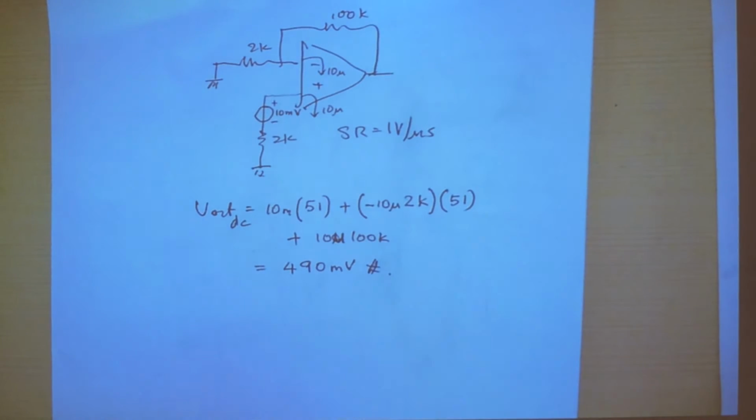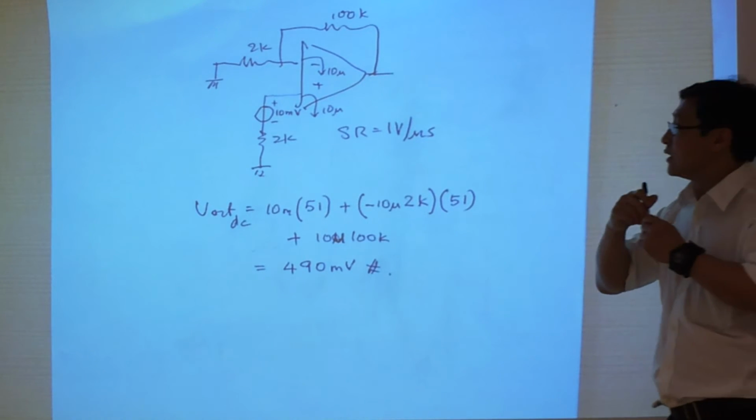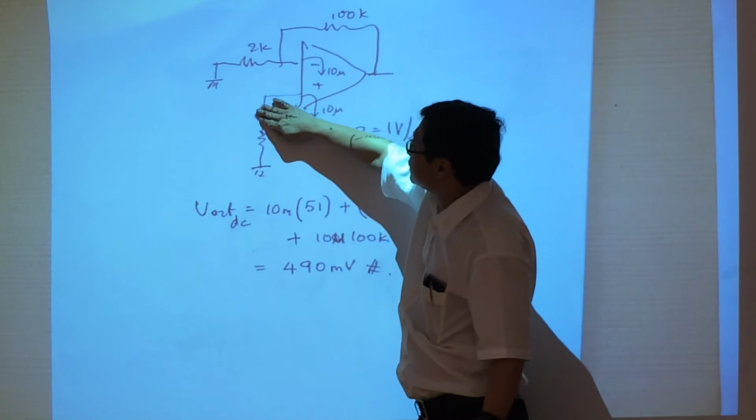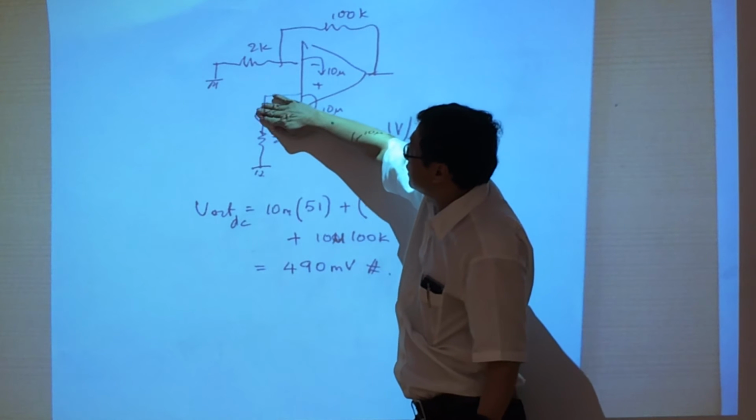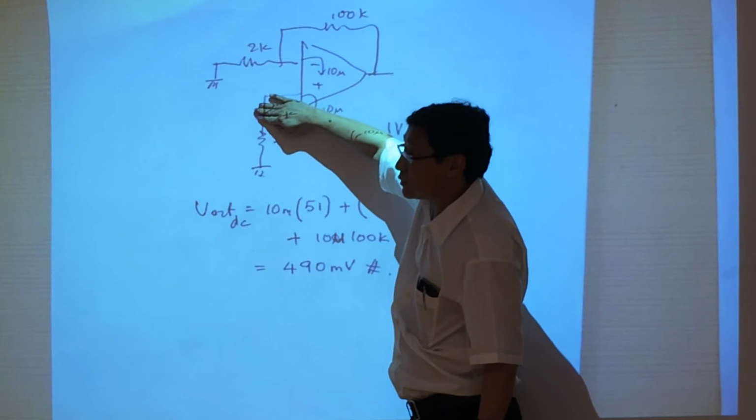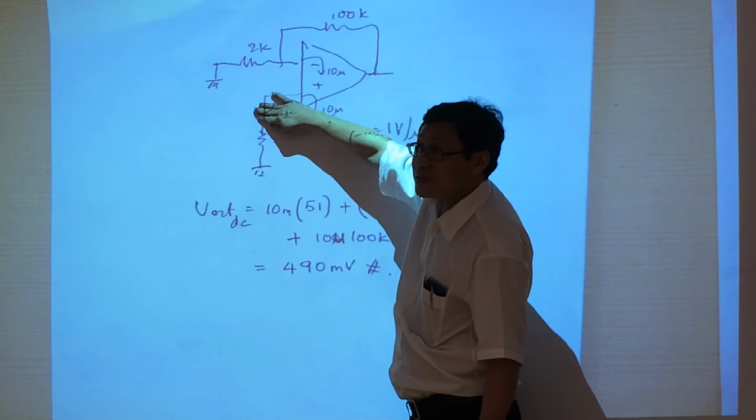Now, again, if I bring you back to the value of Rx, remember, if I don't have this offset voltage, if I remove this offset, what is the DC at the output?